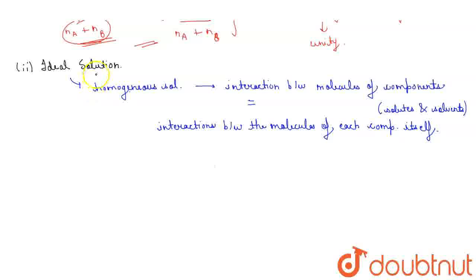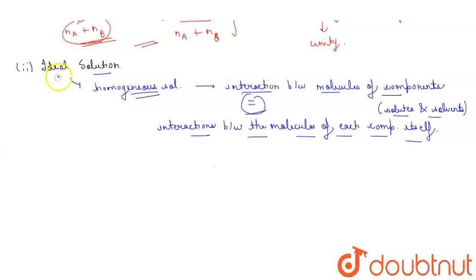So basically, an ideal solution is a homogeneous solution in which the interaction between the molecules of components that are solute and solvent is exactly similar to the interactions between the molecules of each component itself.